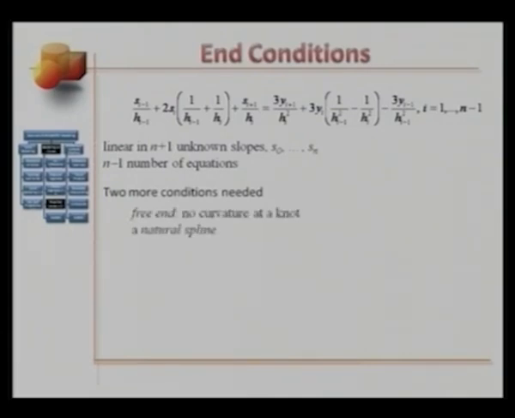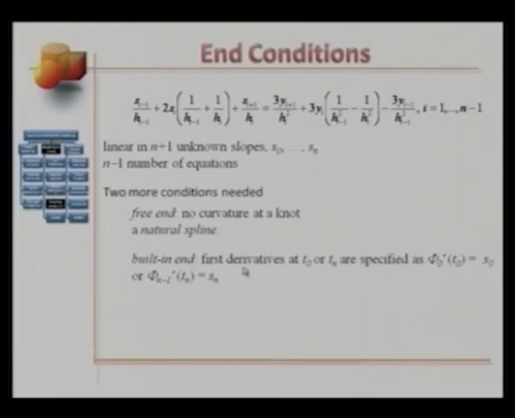Those conditions could be any one of the following. 1, free end, that is, no curvature at a knot. We call it a natural spline. Condition 2, built-in end. What do I mean by that?